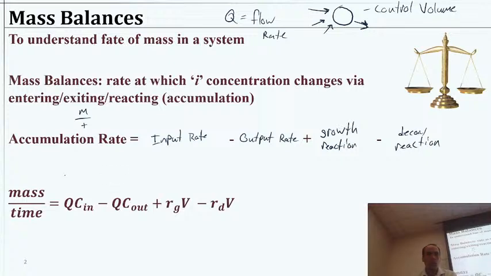And actually, one thing I'll do here is note that Q will be a volume per time, and concentration will be a mass per volume, or some quantity of the substance per volume. So we'll have the same units here, and actually, yeah, we'll just write that out: V over T times M over V. Then for our reaction term, we have some rate of change times the volume.